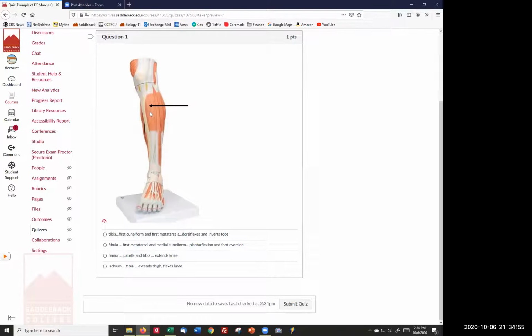Is it the fibularis longus? No. Extensor digitorum longus? That's here. No. Tibialis anterior. Yeah, tibialis anterior.